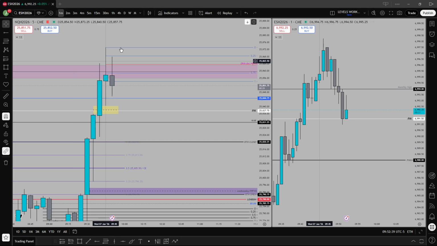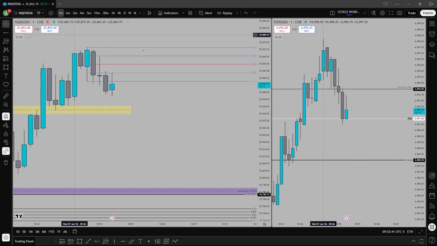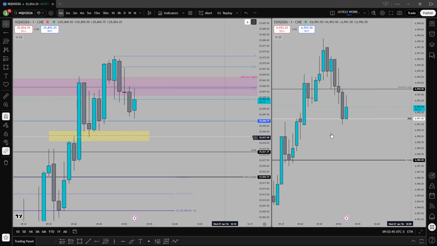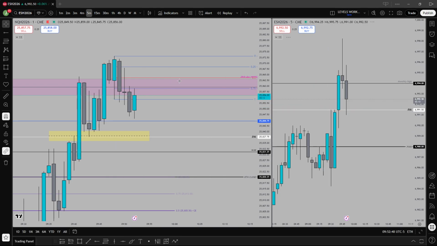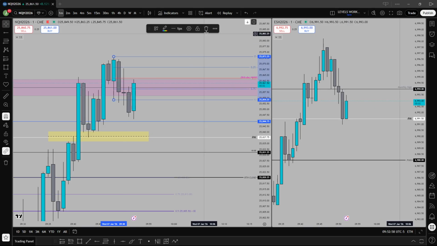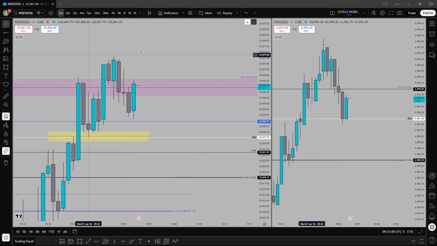NQ looks pretty bullish, and watch this high for NQ.